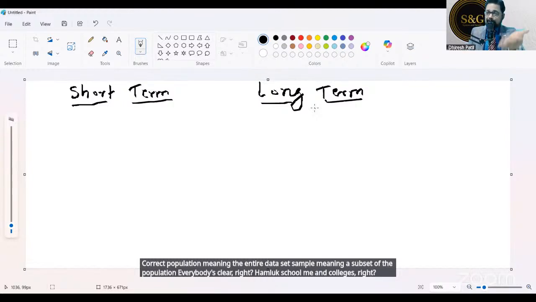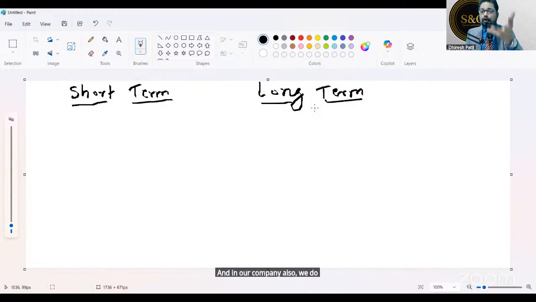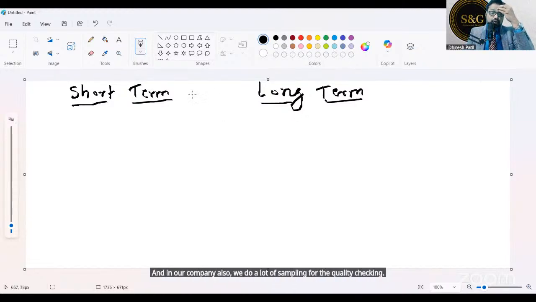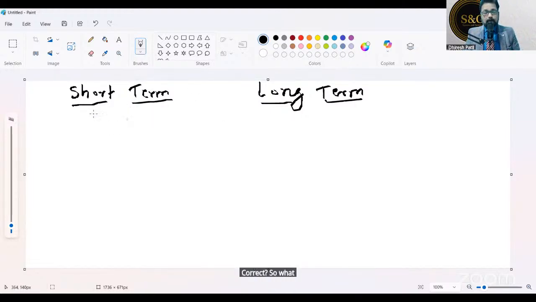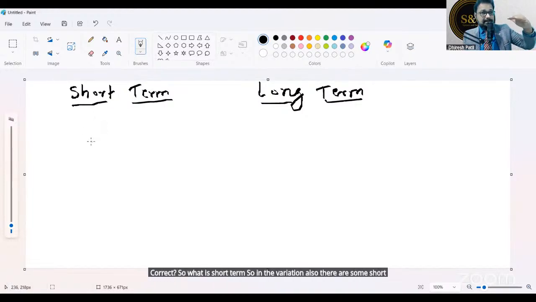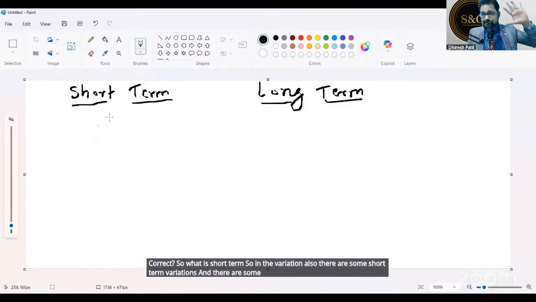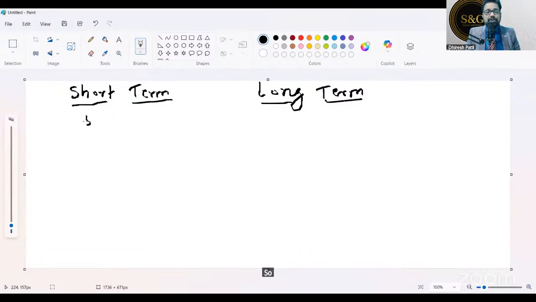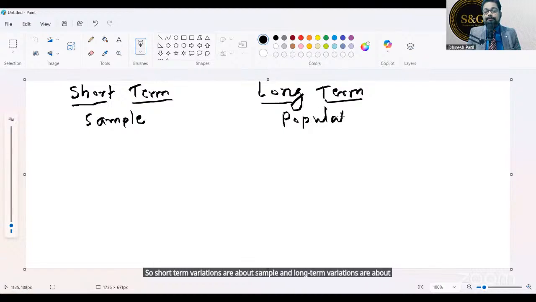And in our company also we do the lot of sampling for the quality checking, correct? So what is short term? So in the variation also there are some short term variations and there are some long term variations, correct? So short term variations are about sample and long term variations are about population.